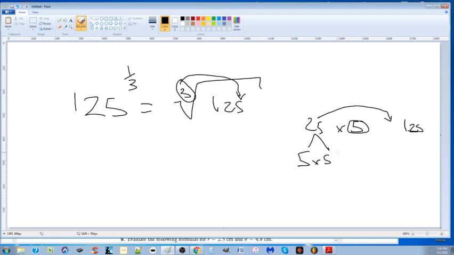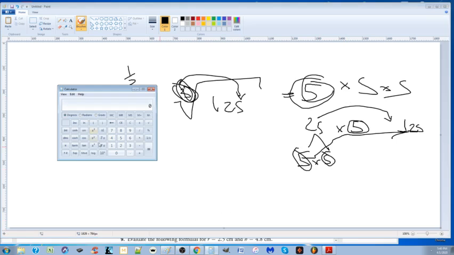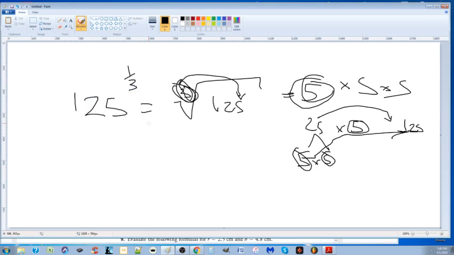So the number 5 times itself 3 times will make 125, which means the cube root of 125 is 5. So the cube root is, we're trying to find a number times itself 3 times that will equal that. Now that's tough to figure out sometimes because not everything has a perfect cube root, and we'll get to that.